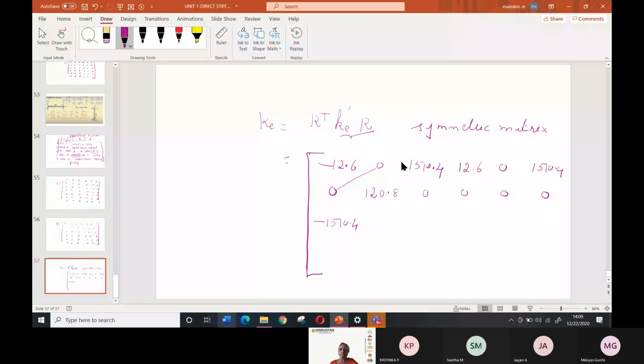Either here it is also minus. Check the value. What you are getting should be symmetric. This will be symmetric. 1 minute. This should be symmetric. So whatever you are getting here, anybody else have got a different answer?